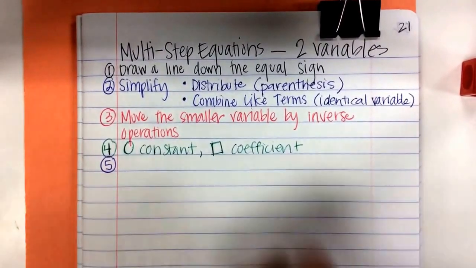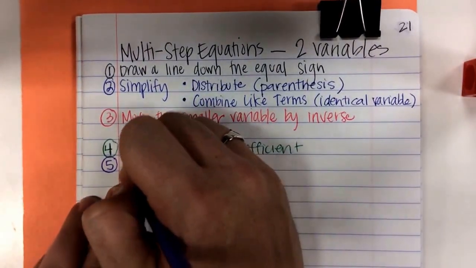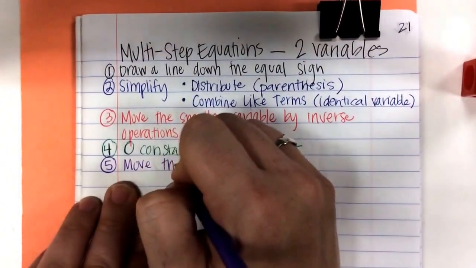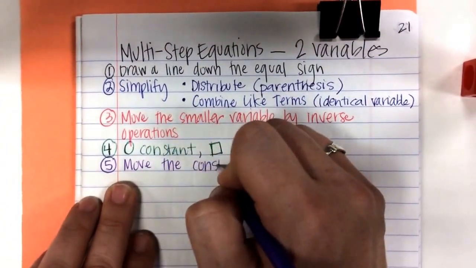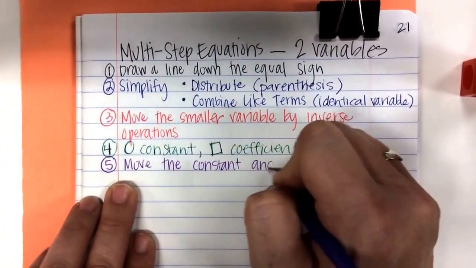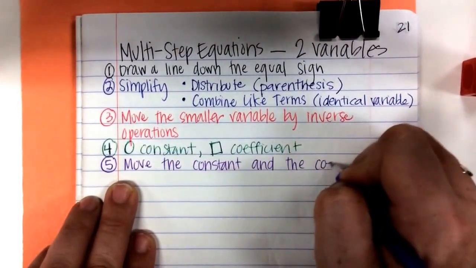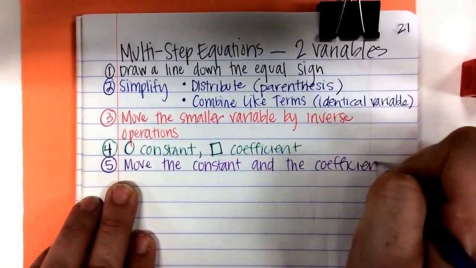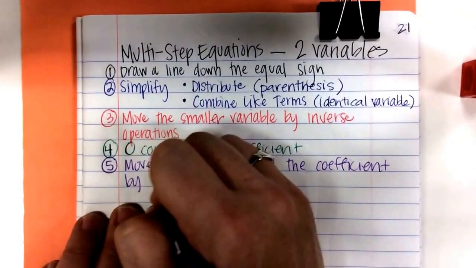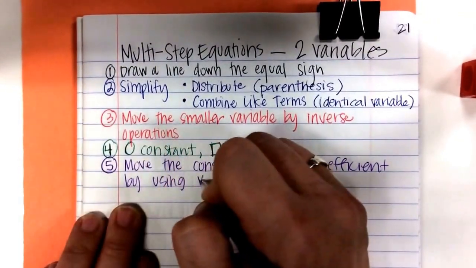And step number 5 is not a new step. We move the constant and the coefficient by using inverse operations.